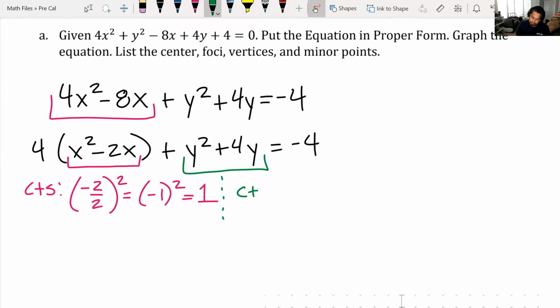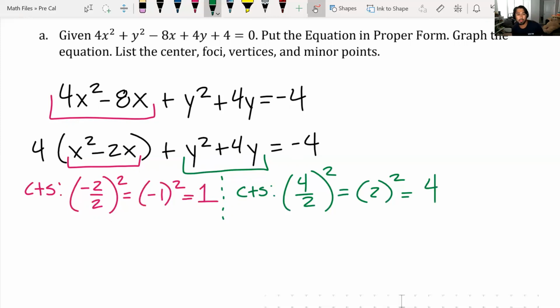So CTS, and we're going to say half of 4 and square it. And we're going to get 2 squared, which will give me 4. All right. So what do we do with these numbers? We add them and we subtract them. This is an equation.